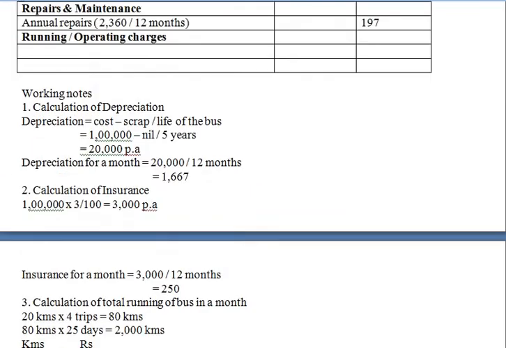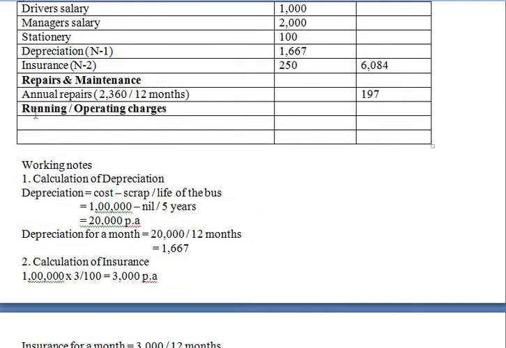So here, petrol and oil, you can write here note number 3, that is 5000.